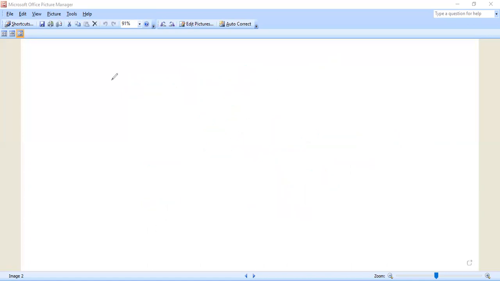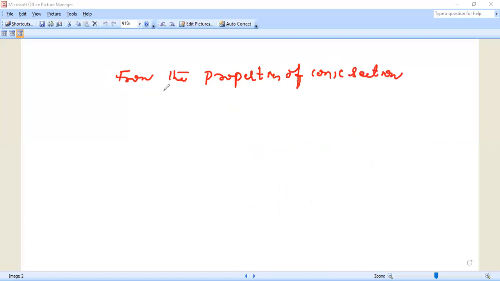what we know, so that is I'm writing, from the properties of conic section. If eccentricity is less than 1, then the orbit is an ellipse. If eccentricity is equal to 1, then the conic section is a parabola.